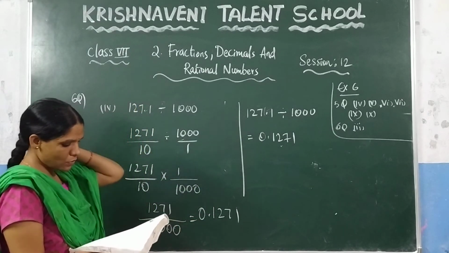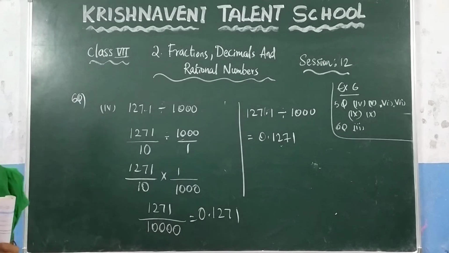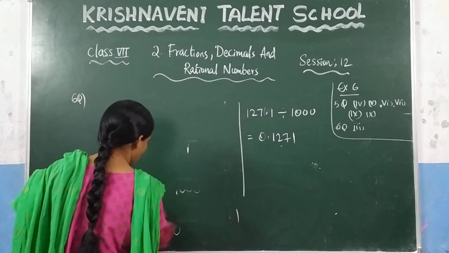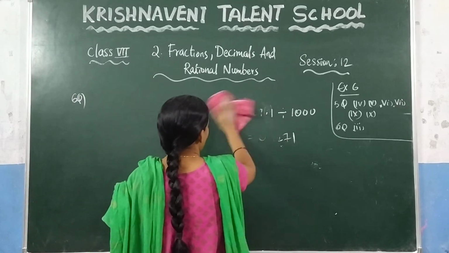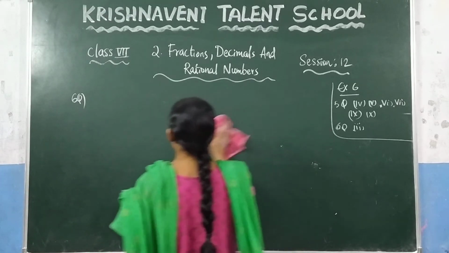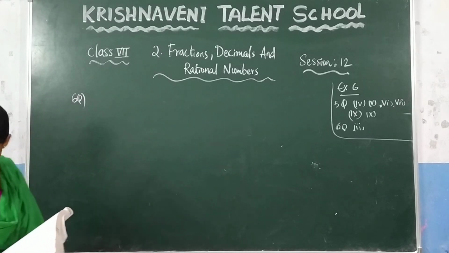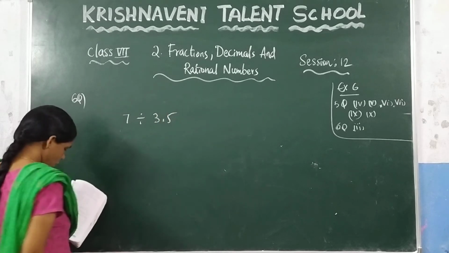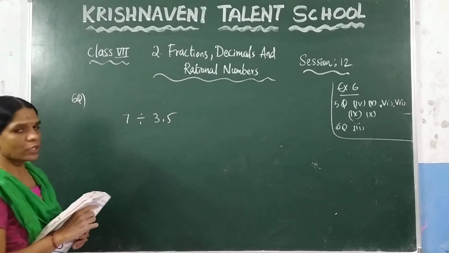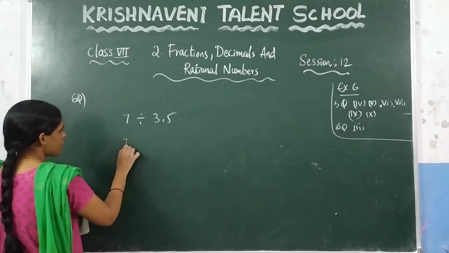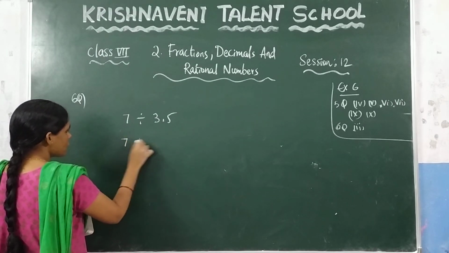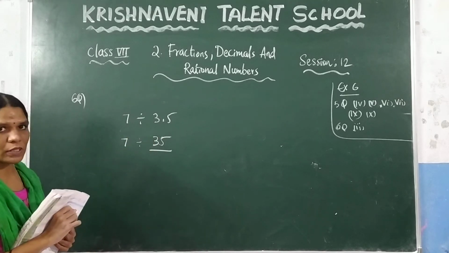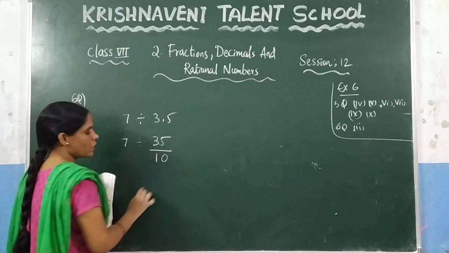Now see here the next question, the fifth question. What is the next question given here? 7 divided by 3.5. So here, how do you write this one? Solve it here. 7 divided by, you can write this 3.5 as 35 by, since after the decimal point one number is there, in the denominator keep 10.